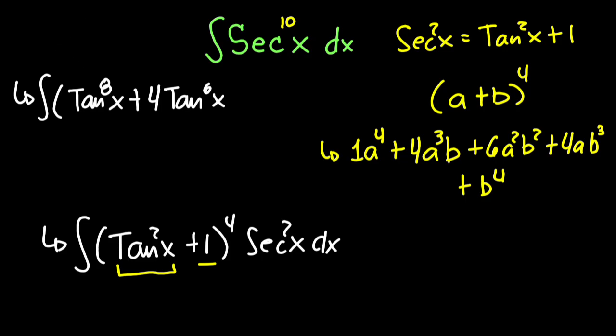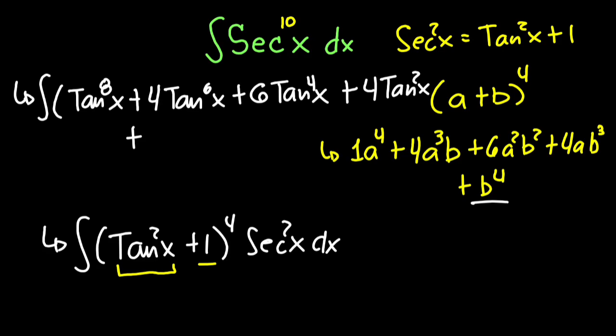And remember, the b here is simply 1, plus 6a squared, which would be tan squared of x raised to the power of 2, which would be tan to the power 4 of x, plus 4a here now would be simply tan squared of x, plus b to the power of 4. b here is 1. 1 to the power of 4 is simply 1. And copy the rest, which would be secant squared of x dx.